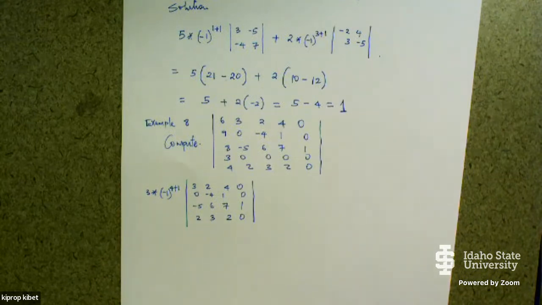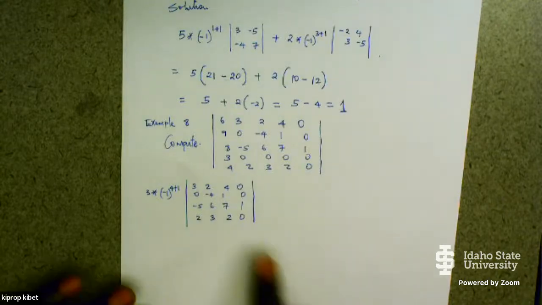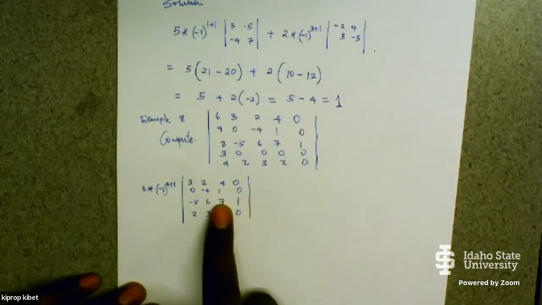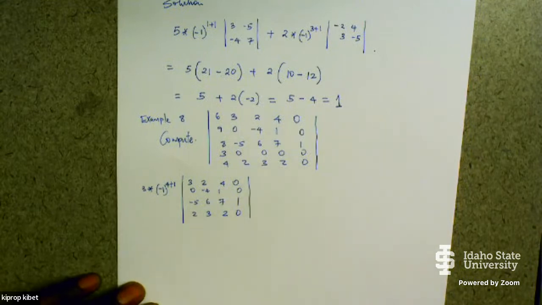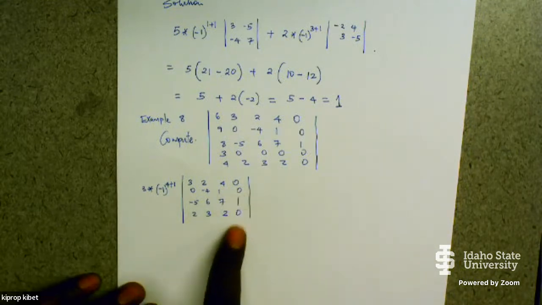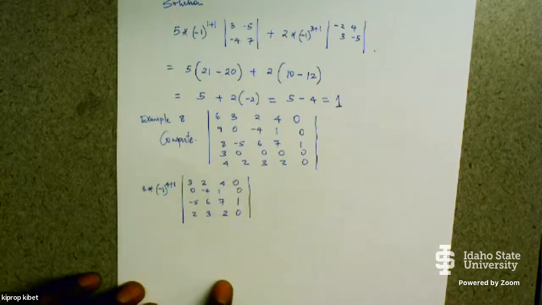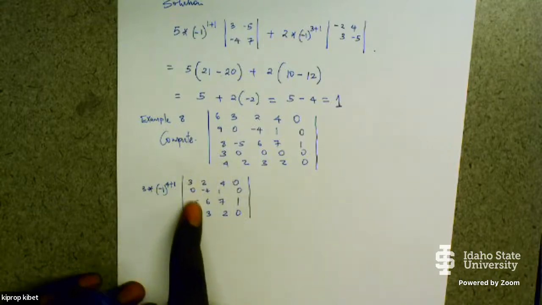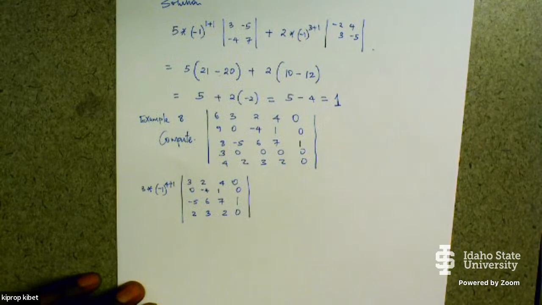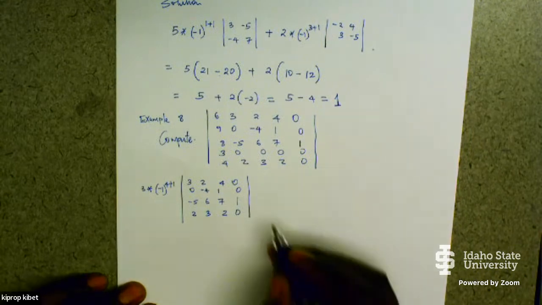We continue again like that. You already did the first one, you continue reducing this one until you get 2 by 2. Again, you take the one which has as many zeros as possible. So you can use the fourth column there.